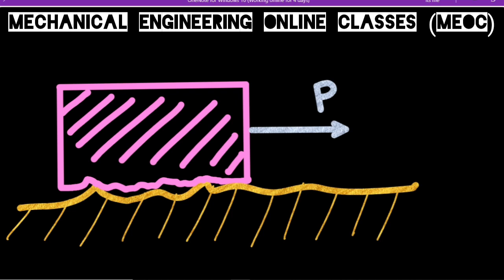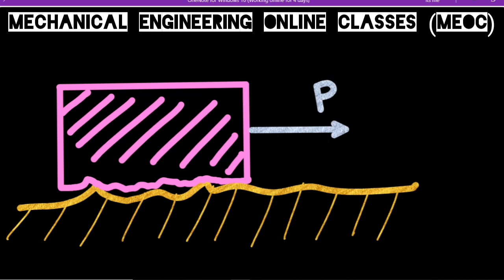A block which is pink in color is subjected to an external force P rightward, which is actually placed on some horizontal floor, the golden line that we can see, and the friction is a resistance that is caused due to the surface roughness, majorly surface roughness. So surface roughness means the surface is not smooth. There are ebbs and tides on the surfaces.